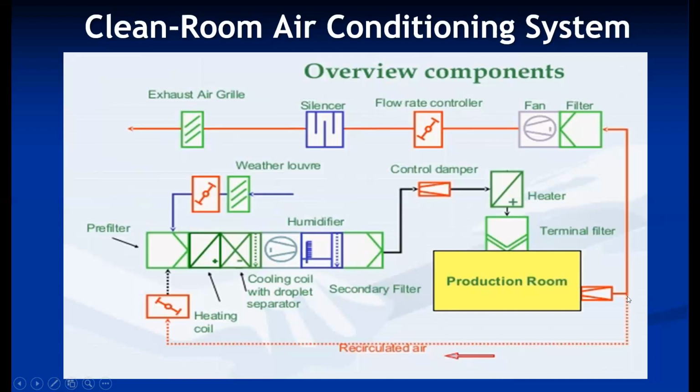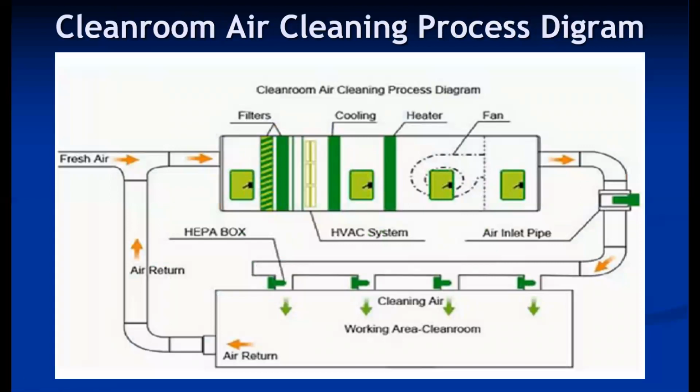In some cases, recirculated air is used, so there are two models. In some air conditioning systems 100% fresh air is used, and in some cases recirculated air is also used. This is another model of clean room air conditioning system where recirculated air is also used. The fresh air flows through the filters, then cooling coils, then heater, then fan, and then in the different rooms the filters are used.